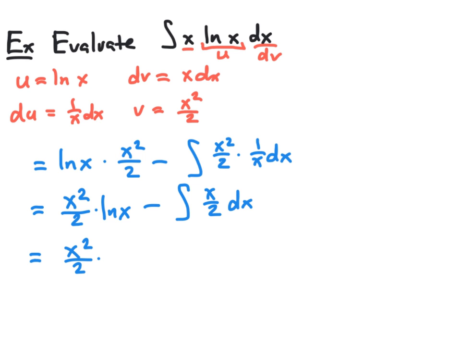So we have x squared over 2 times natural log of x minus x squared over 4. And of course, since we're doing an indefinite integral, we do want a plus c added on, our arbitrary constant. And so the integral of x natural log x dx evaluates to x squared over 2 natural log x minus x squared over 4 plus c.